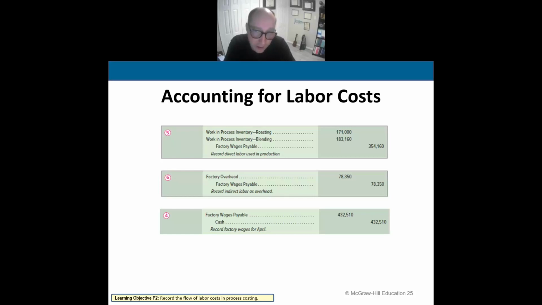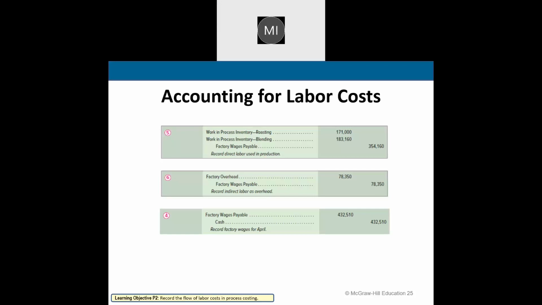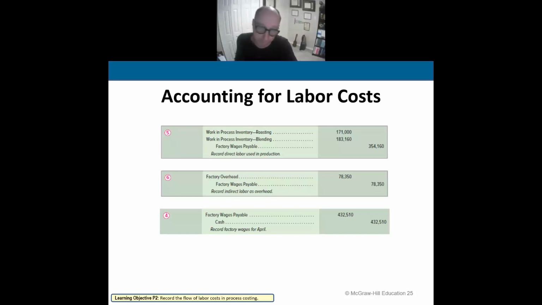Then you see factory overhead in this next transaction for indirect labor. Remember, factory overhead is indirect materials, indirect labor, utilities, and other expenses. And then we debit wages payable, credit cash to show us paying our employees.